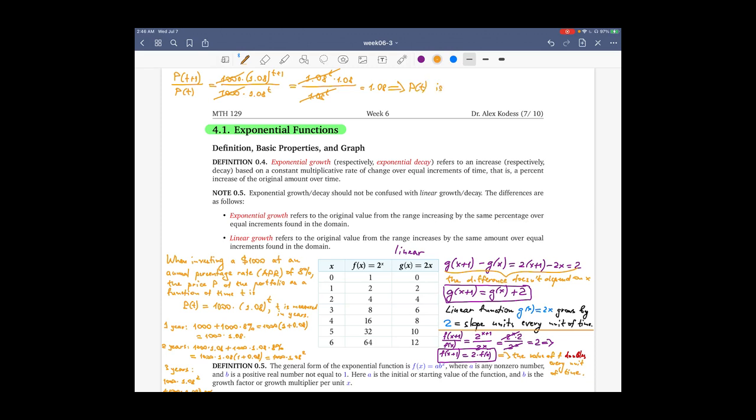It has this distinctive feature: the ratio of two values at any given moment of time, and at that moment of time plus 1, is constant. P of t is an exponential function.